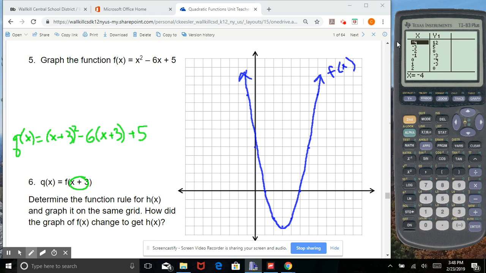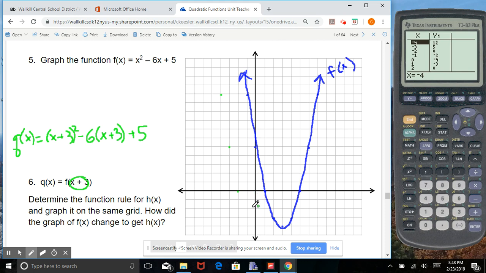So we're going to start by graphing -4, 12. Then -3, 5. Then -2, 0. And hopefully you're already seeing what happened here.